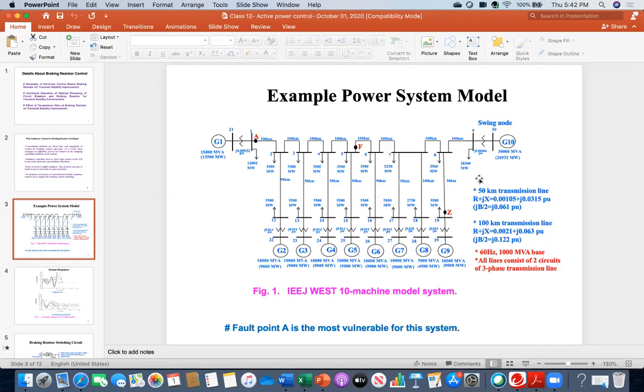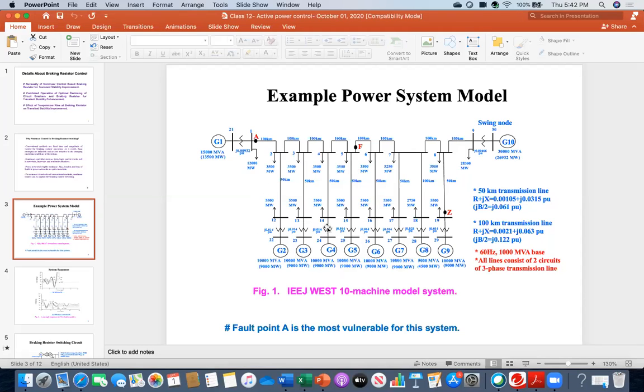Now if the system structure is more complicated, then you might need more. But of course, if you put one braking resistor at each generator terminal, definitely stability performance is the best. Transient stability improvement will be the most. That is for sure, but that may not be economical. That's why I am saying where to put the braking resistor.